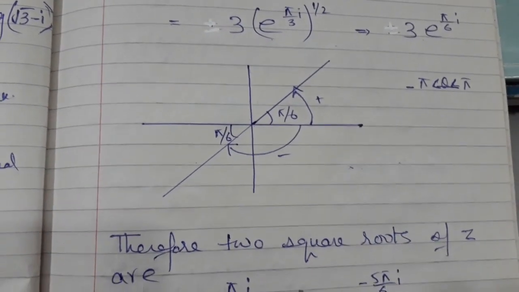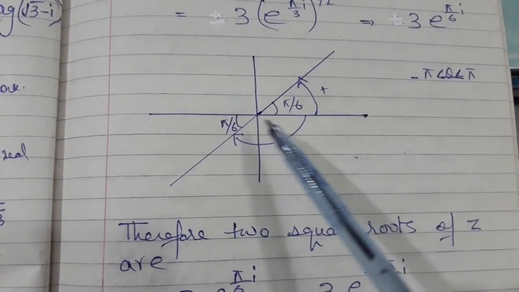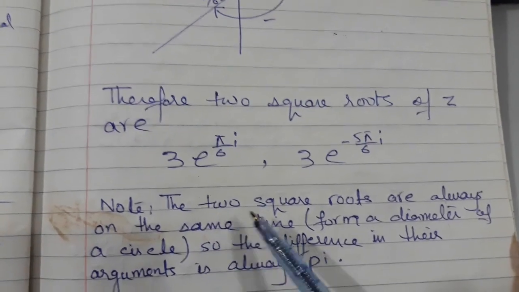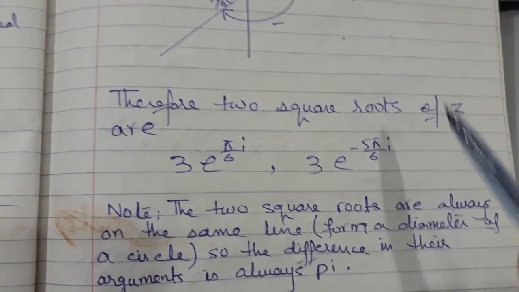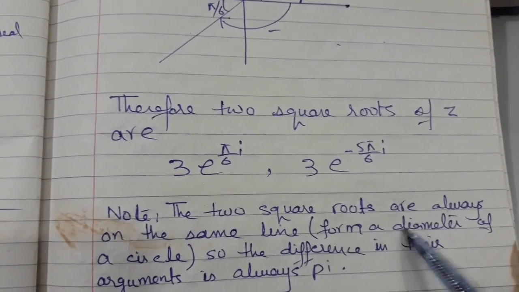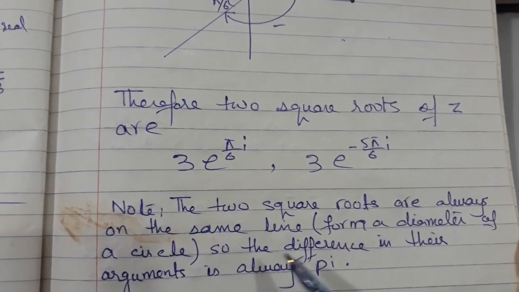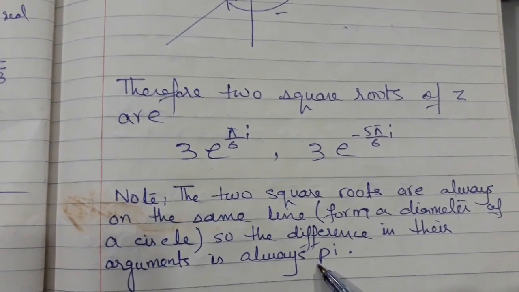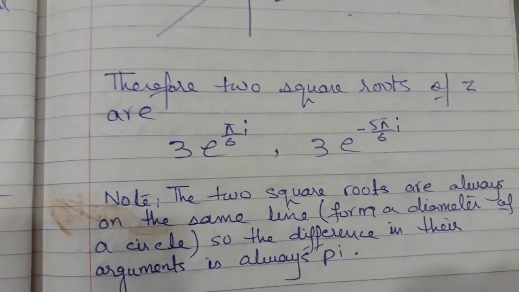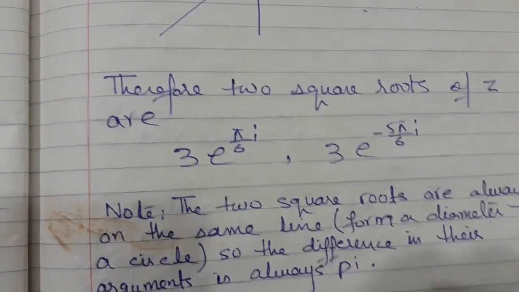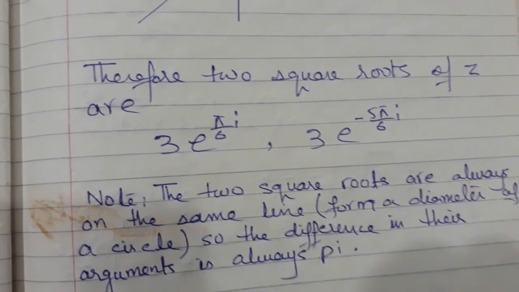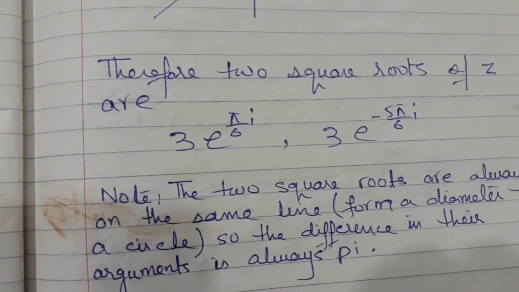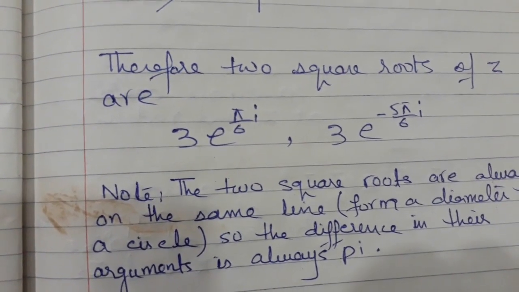You need to understand why I drew this angle here. The concept is that the two square roots are always on the same line and form a diameter of a circle. So the difference in their argument is always pi. It may look like I am cramming it, but let me explain the reason. We have seen the square root of a complex number in Cartesian form in my previous videos.